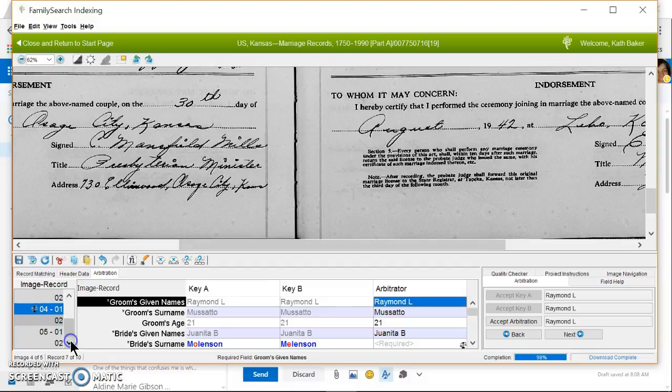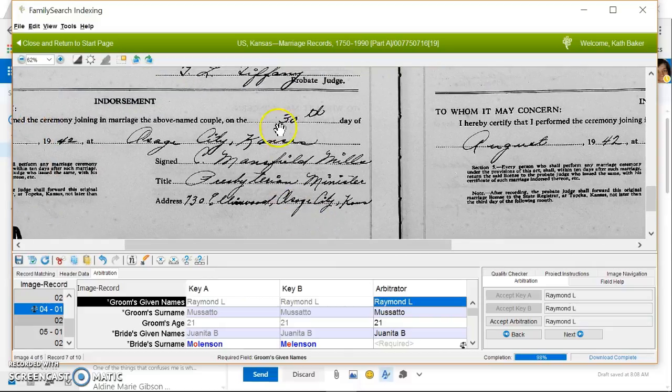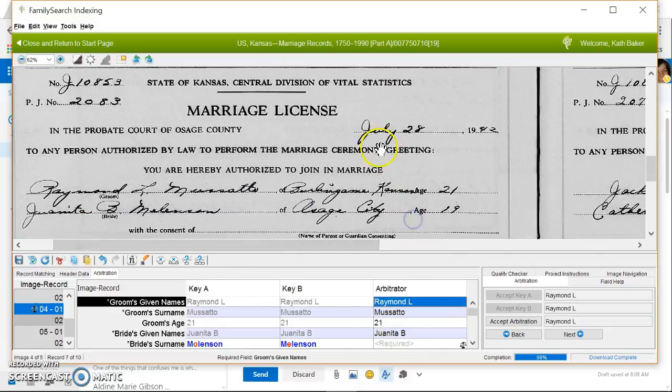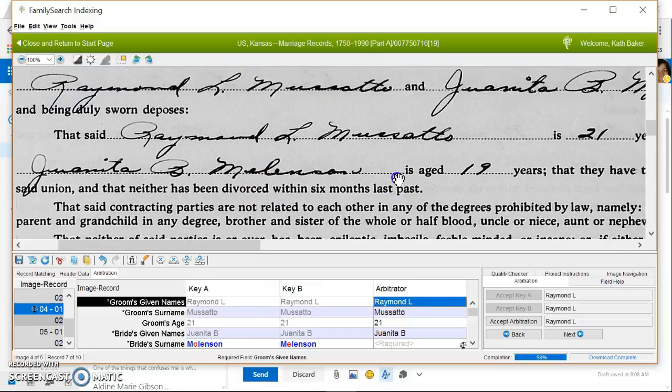I'm probably a poor arbitrator because the person that's done everything correctly the most, if I can't quite figure out what it's saying, I will take their word for it. So maybe that's wrong, but I'm really thinking that's an E, even though the A person was more correct on everything all along. I think it's an E.